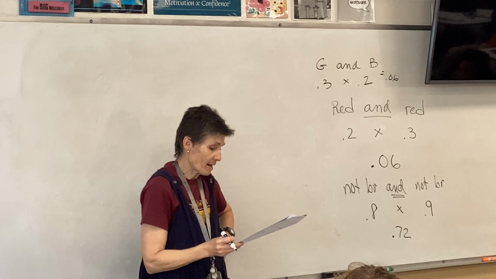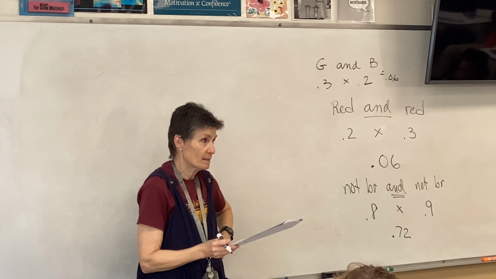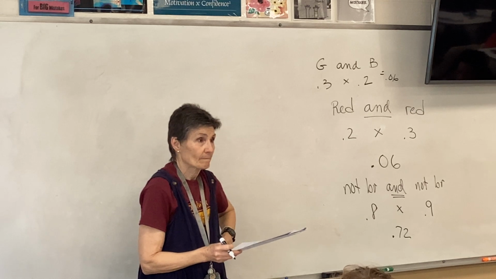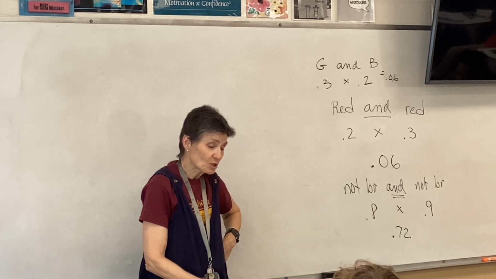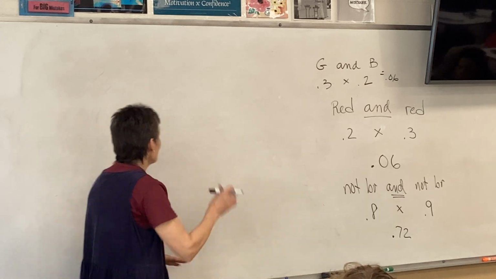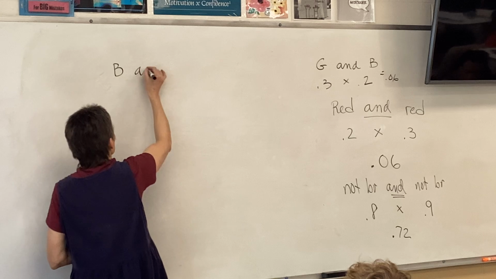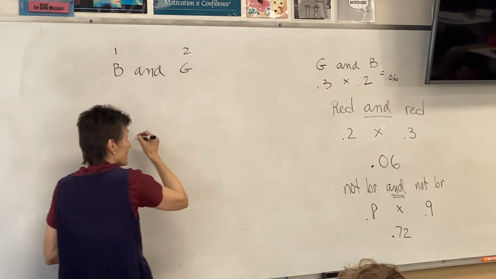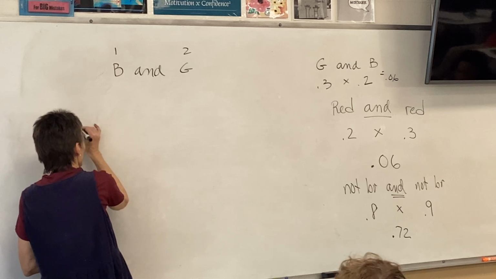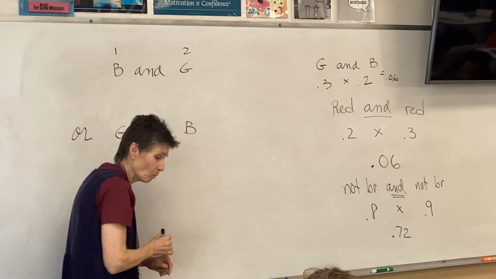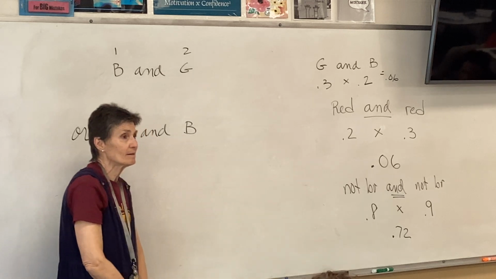The E says first one's green, second one's blue. If I just gotta get a blue one and a green one, couldn't I get blue and green? So first pick is blue, second pick green. Or couldn't I get green and blue? Isn't that what problem F is saying?